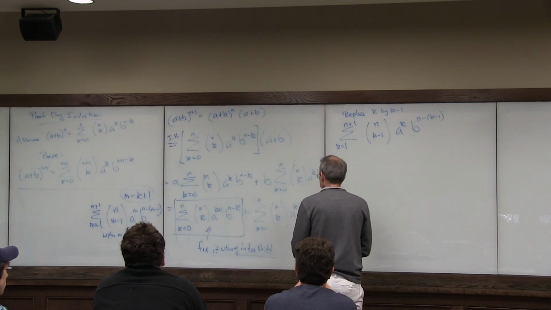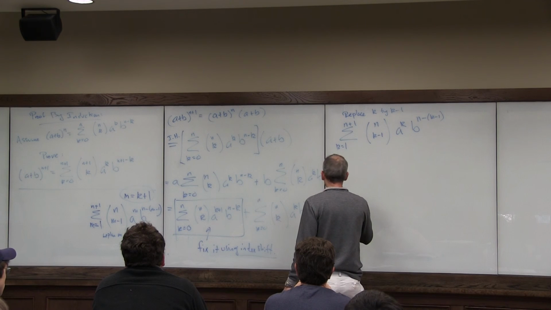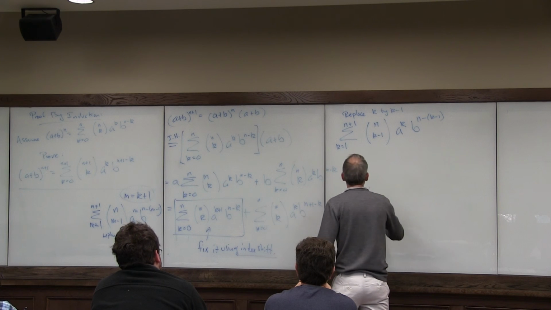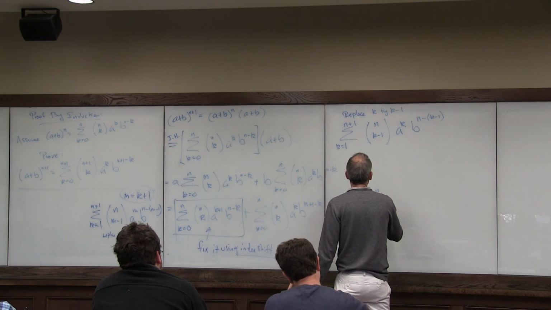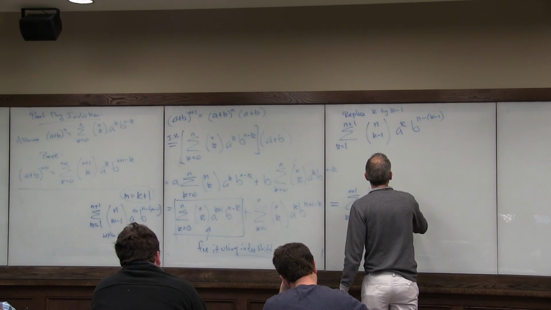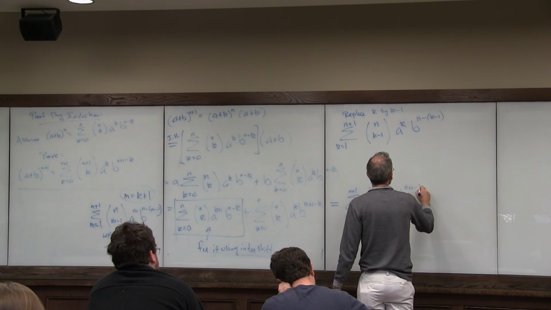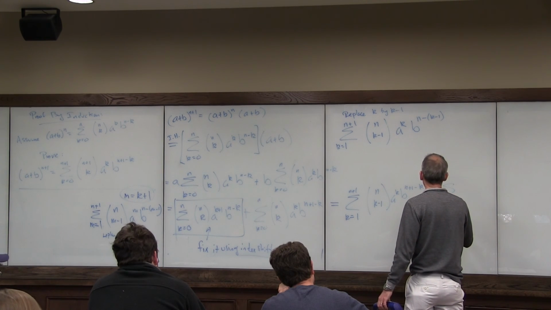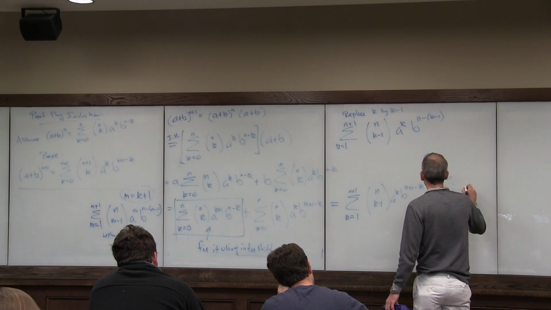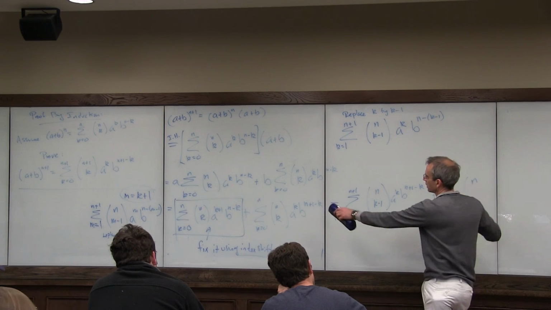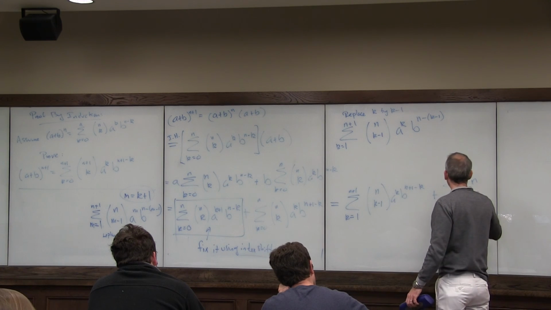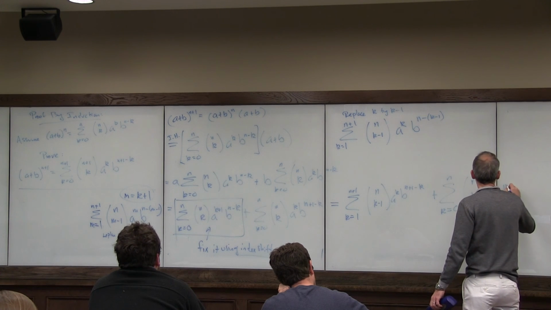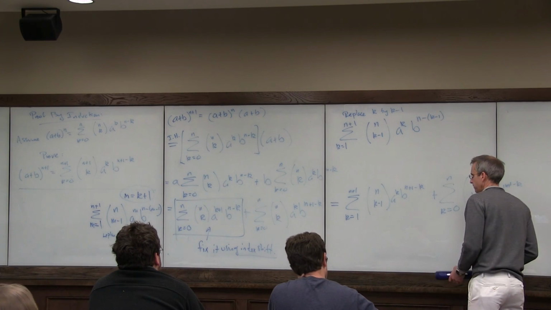So what does this now become? This now becomes the sum from k equal 1 to n plus 1 of n choose k minus 1, a to the k, b to the n plus 1 minus k, plus the sum from k equal 0 to n of n choose k, a to the k, b to the n plus 1 minus k.